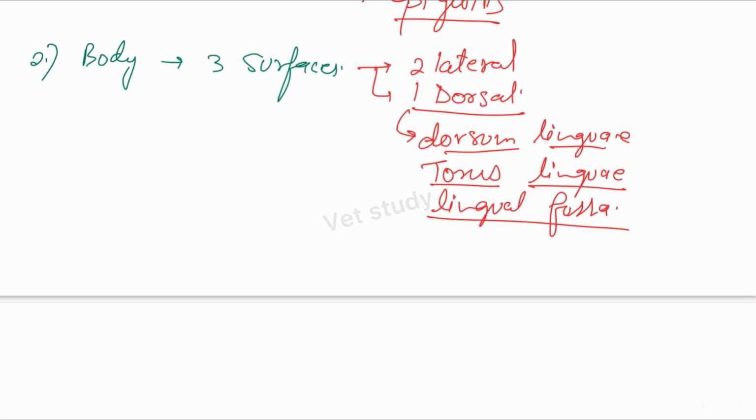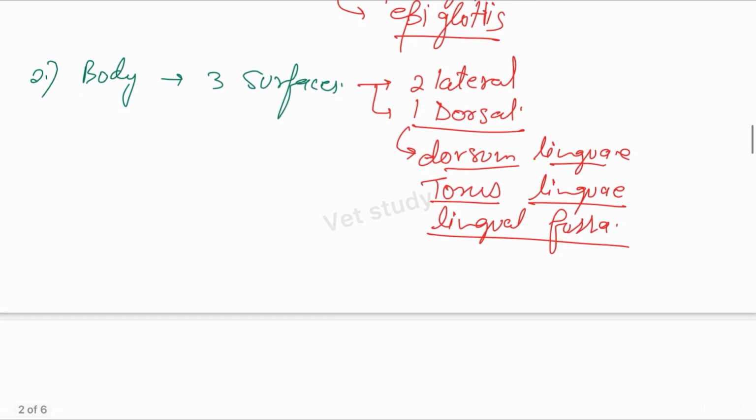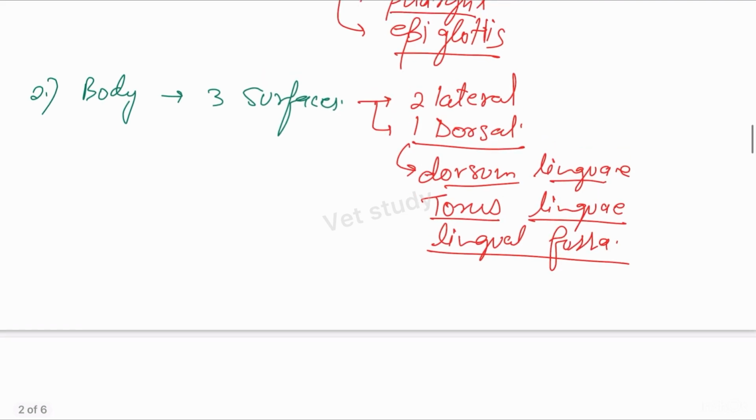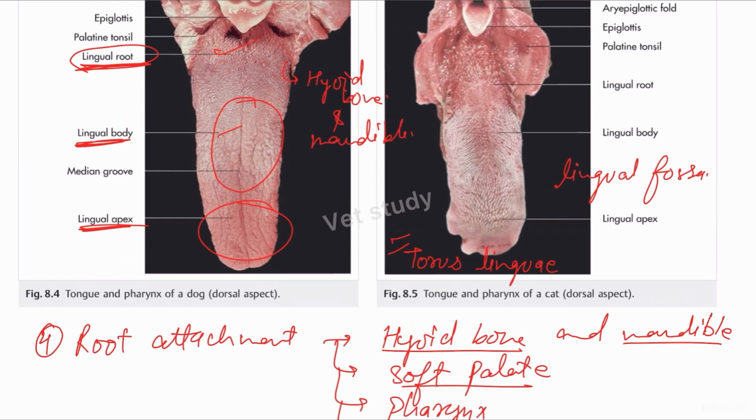Now let's discuss the apex portion. This is the lingual apex. This apex is thin, as you can see, compared to the root and the body. It is thin and blunt, and it has a rounded border.